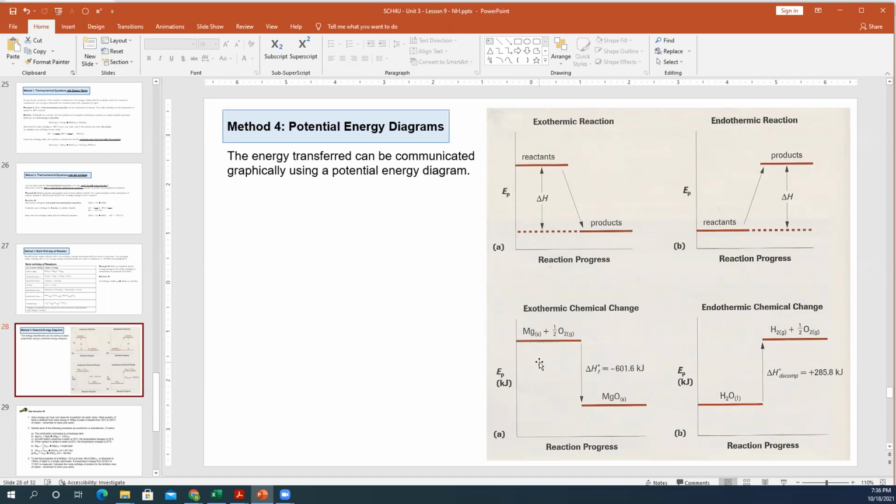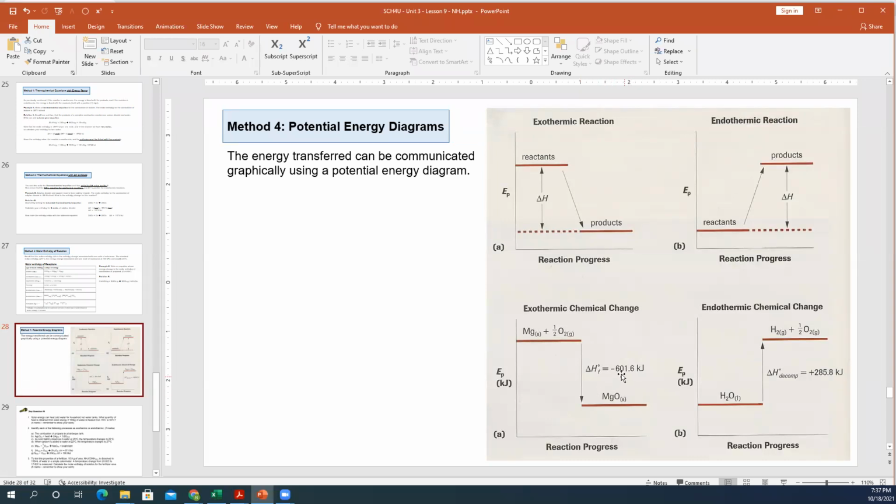For example, if you have solid magnesium reacting with oxygen gas, that is a highly exothermic reaction. It produces a lot of heat. And you have the delta H naught of formation of magnesium oxide.